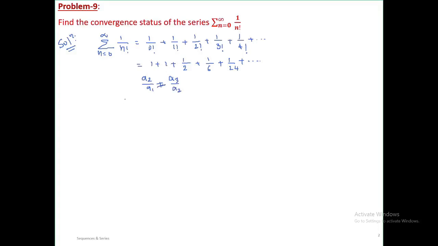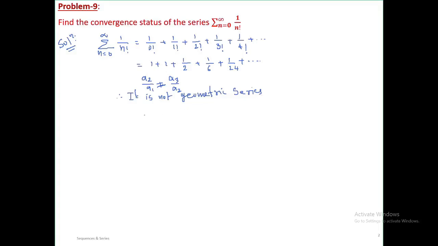Therefore it is not a geometric series. Okay. So therefore the geometric series test we cannot apply. So like this you keep on cancelling out the existing tests. So now the geometric series test we cannot apply.